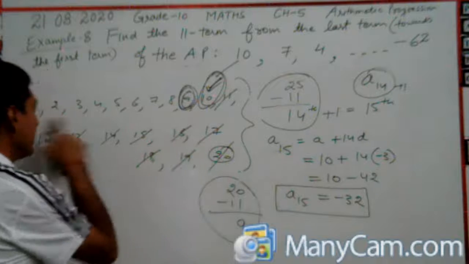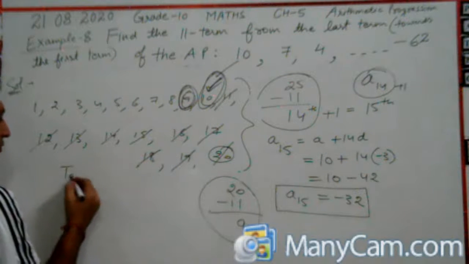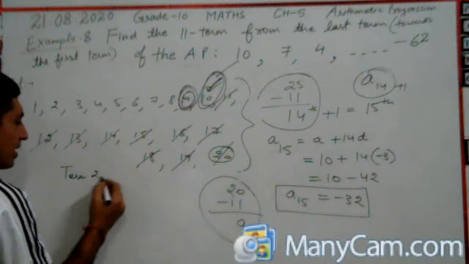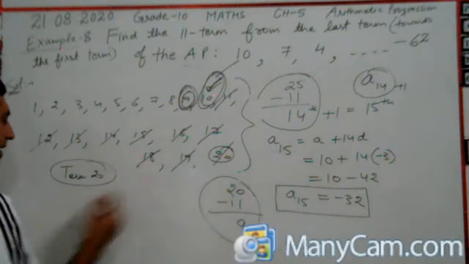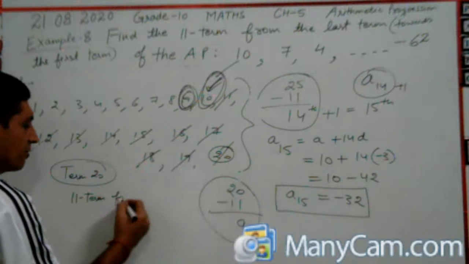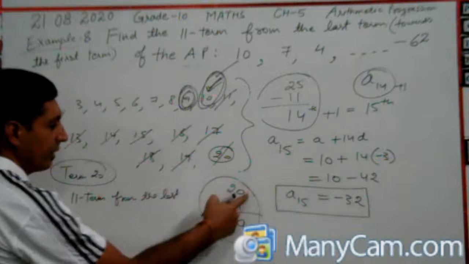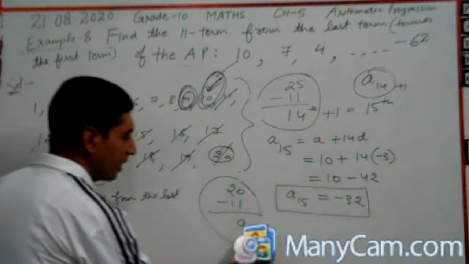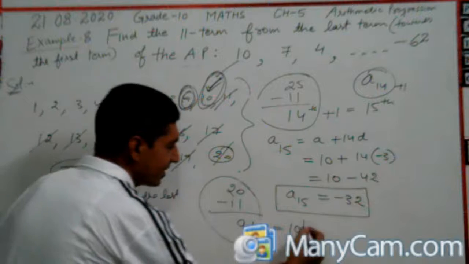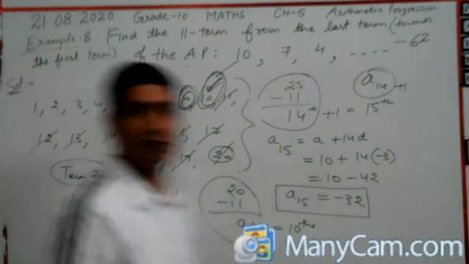We have an AP from 1 to 20, a total of 20 terms, and we have to find the 11th term from the last. That is 20 minus 11 is 9, plus 1, that is the 10th term. So the 10th term is the 11th term from the last.